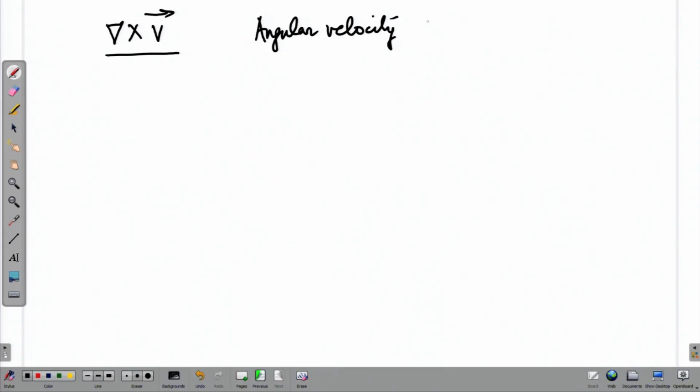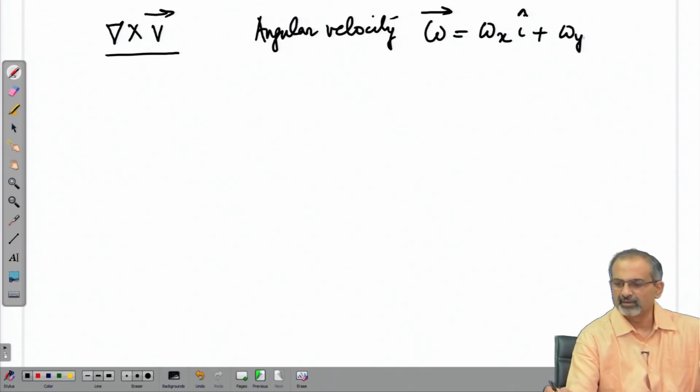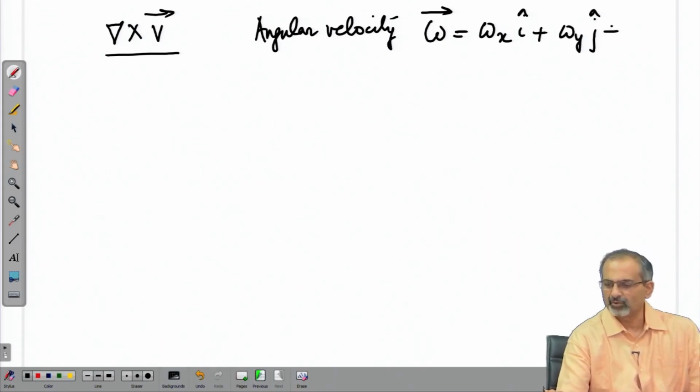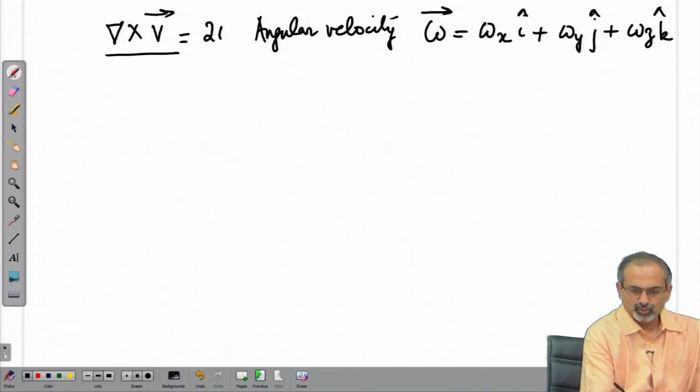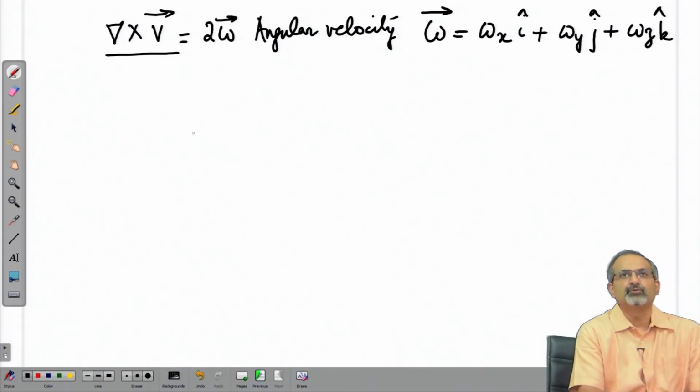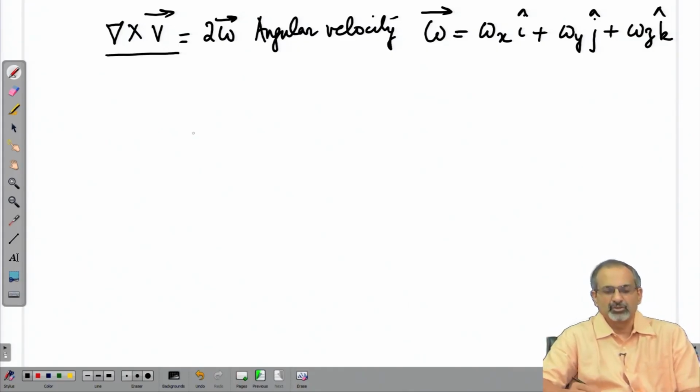We had discussed that angular velocity has three different components: omega x, omega y and omega z, and since curl of the velocity vector is 2 times angular velocity, curl v is also a vector comprising 3 components.